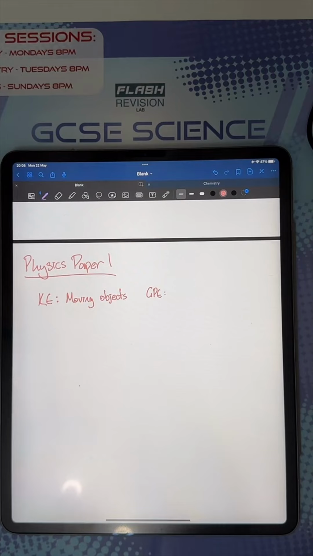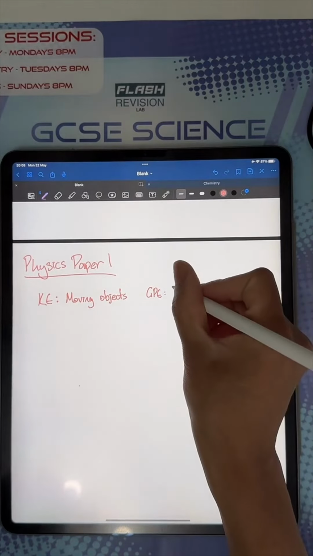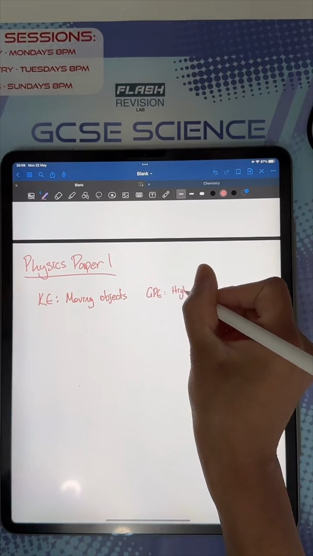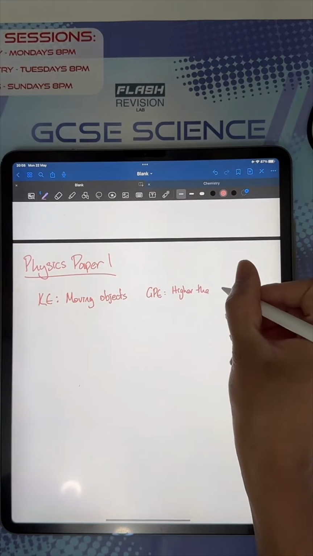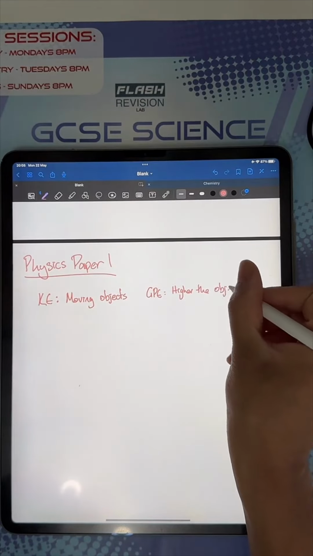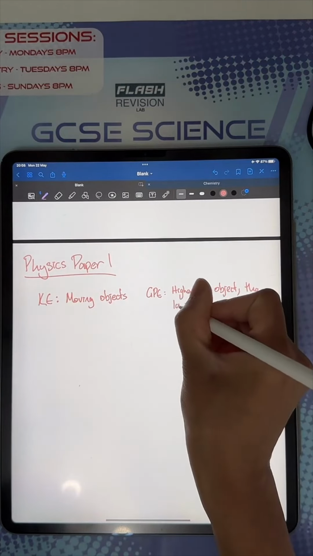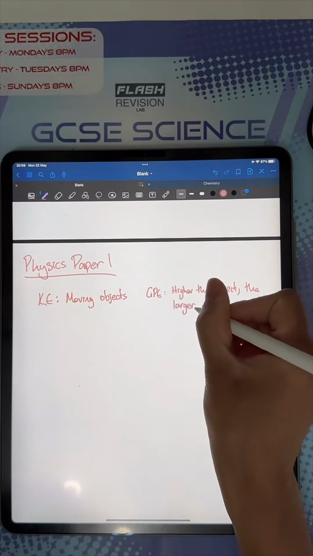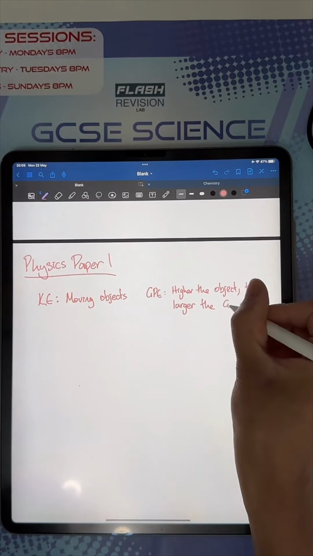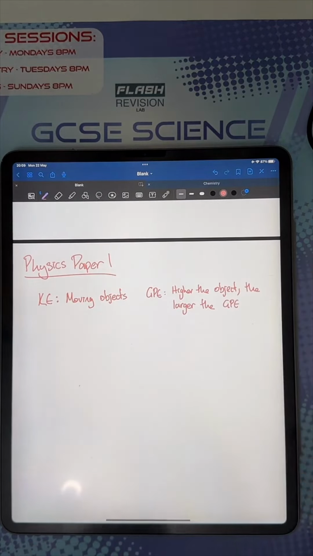8:30 probably. Height, yeah. So the higher the object, the larger the GPE value. Okay, so think about what's happening to the ball. When you're throwing a ball, two things are happening.